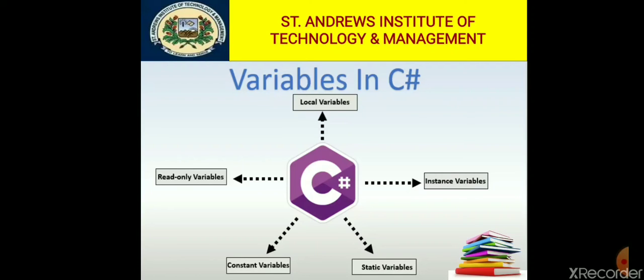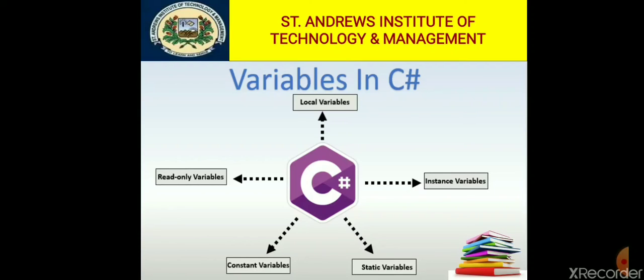Everyone knows the word local. Local means a certain range. So local variables exist within the scope of a given method in a class. We already discussed the scope of a variable in this topic. So the scope of a local variable is within the method where it has been declared.